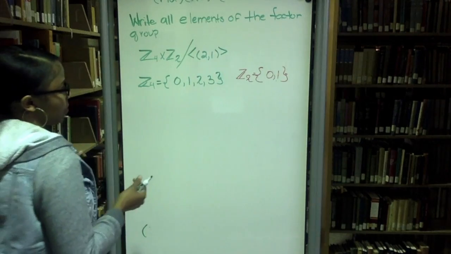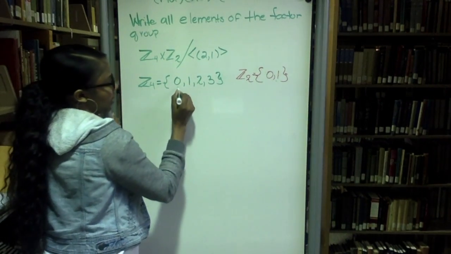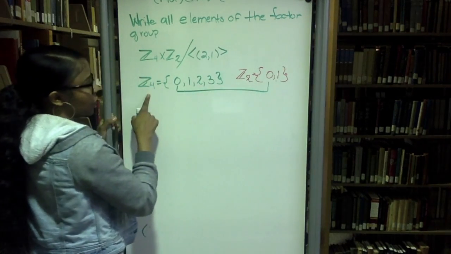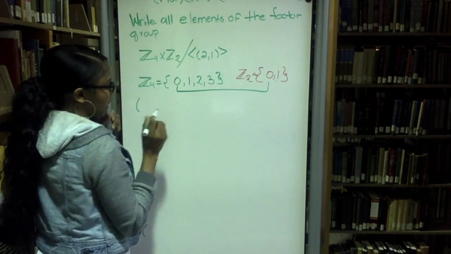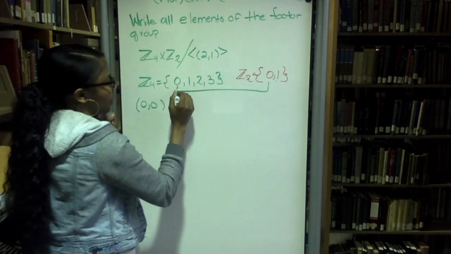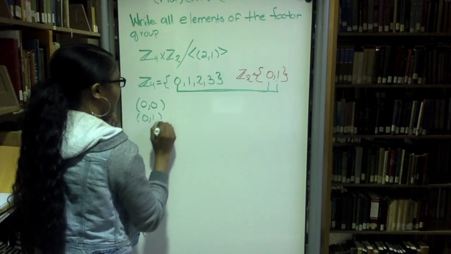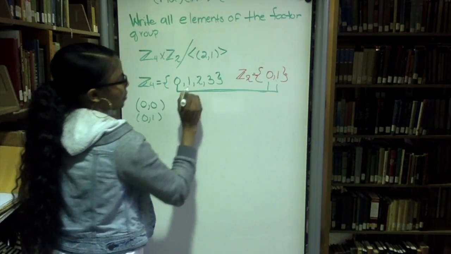Now, when we cross Z4 with Z2, taking 0 from Z4 and 0 from Z2, we produce the element 0, 0. We do the same thing again for 0 and get 0, 1. We do the same for each element in Z4.